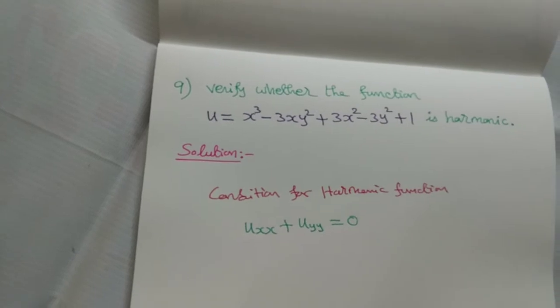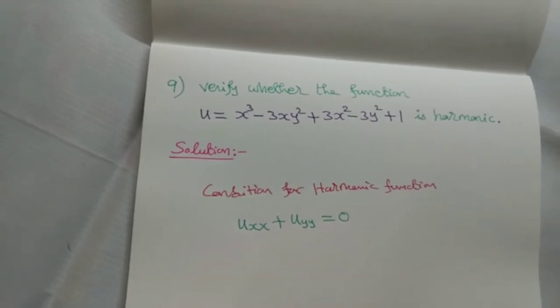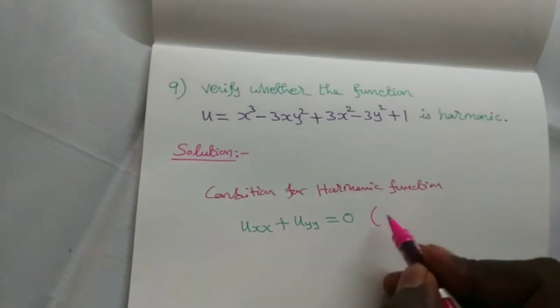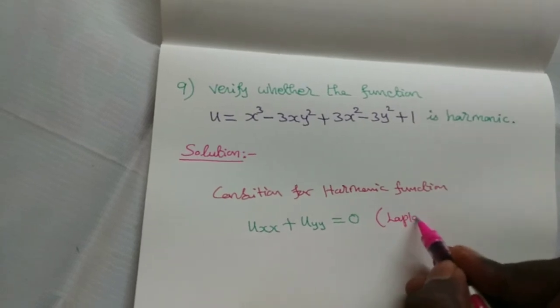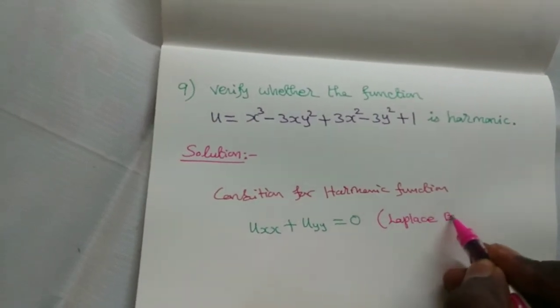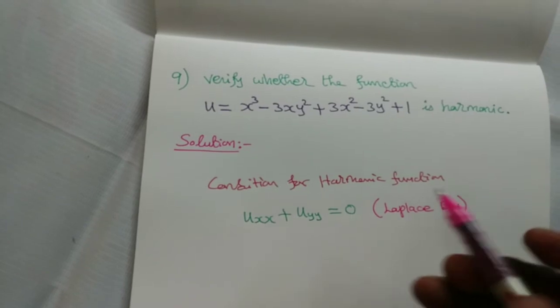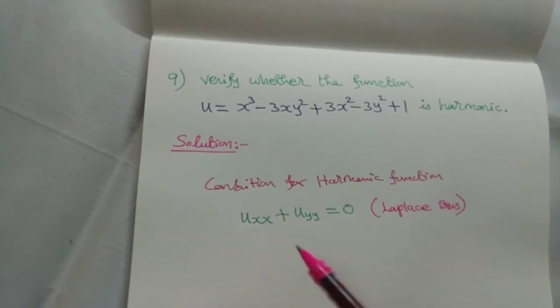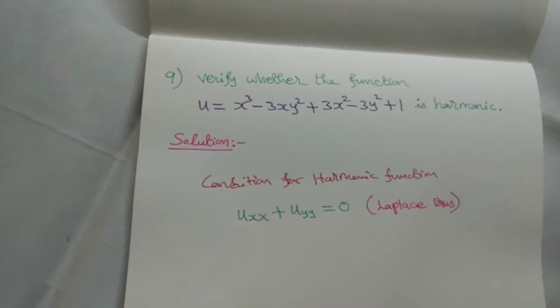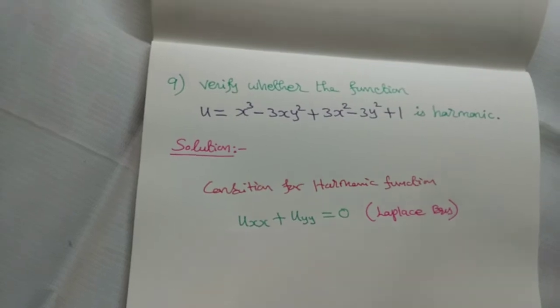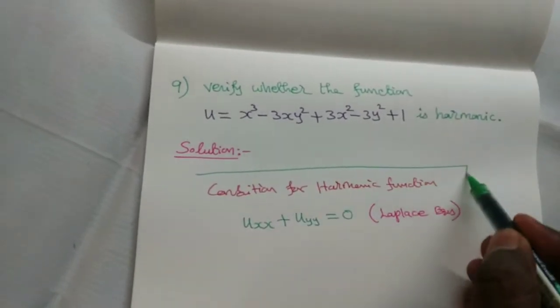So this is the condition for harmonic. The name of the equation is Laplace equation. A harmonic function should satisfy the Laplace equation. So this is the condition for a harmonic function.